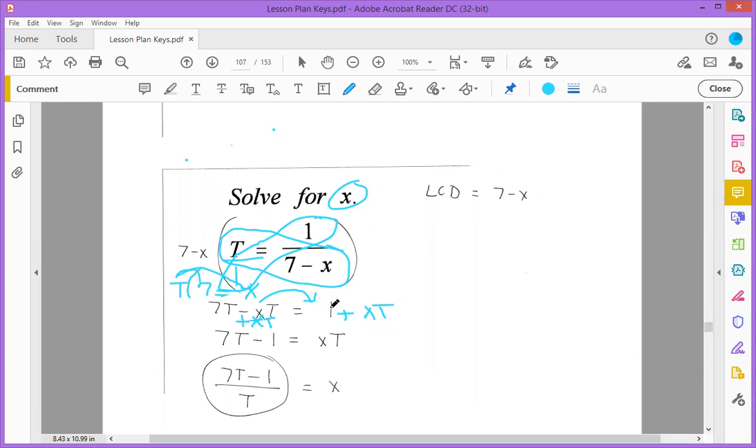And then we're going to carry this 1 over to the left side of the equation. So we're going to subtract 1. The 1s will cancel on the right side, leaving xt. And on the left side, the xt is going to cancel. We're left with 7t minus 1. And then we just divide both sides of this equation by t. So the t's will cancel, and we have x equals 7t minus 1 divided by t.